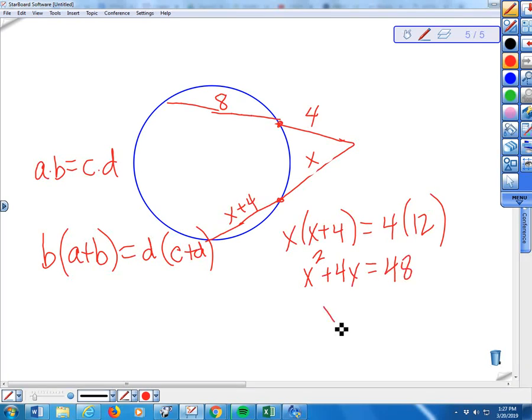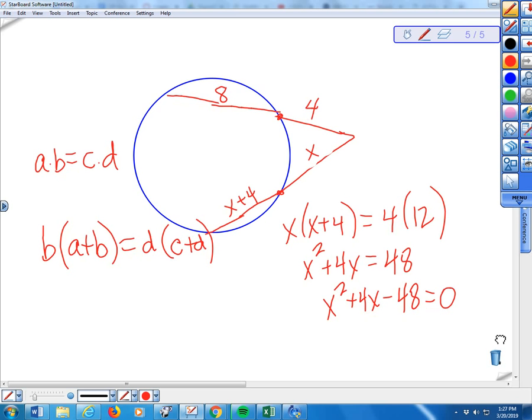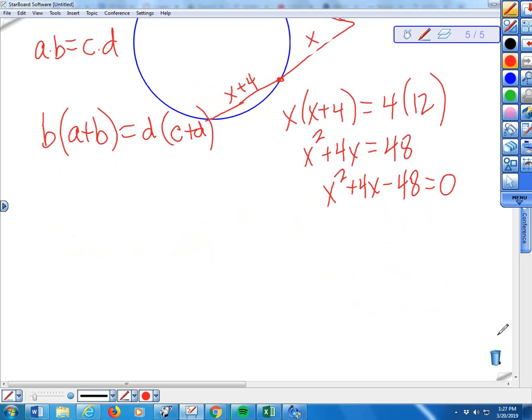So I have to solve it by factoring. And I'm looking for factors of negative 48 that equal positive 4. So 12 and 4. No, that's 12 and 8. Let's pretend this is an 8, because I didn't make up numbers well enough.